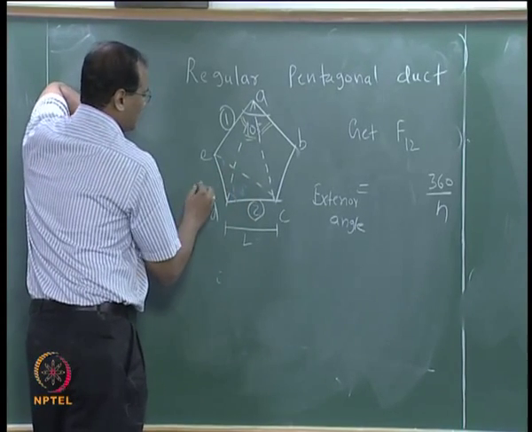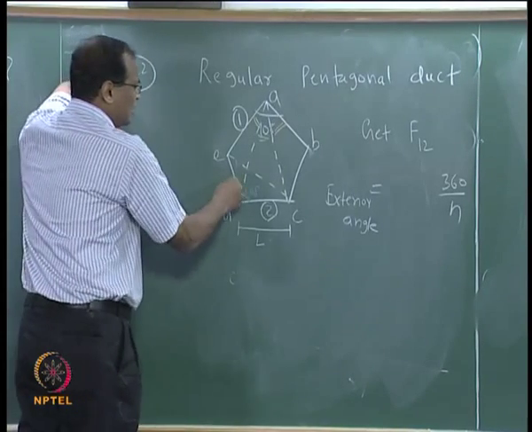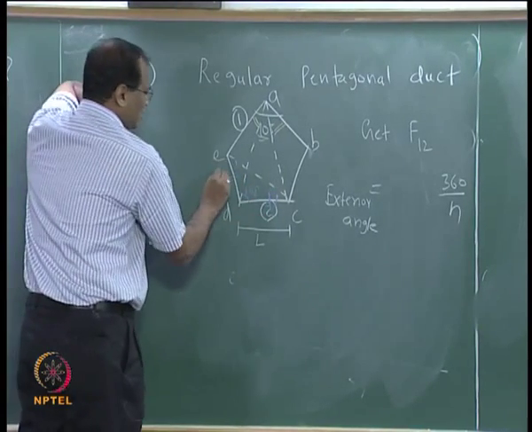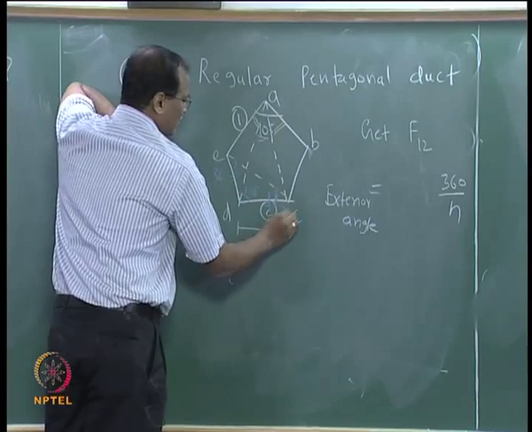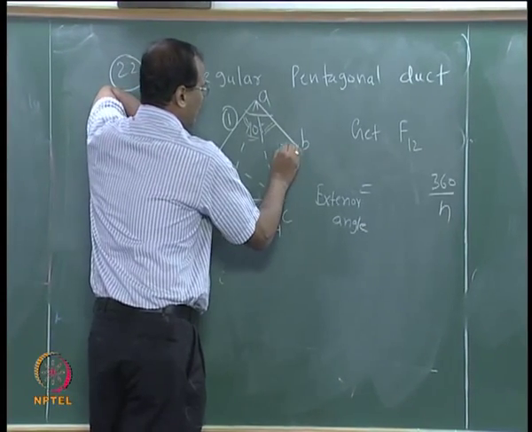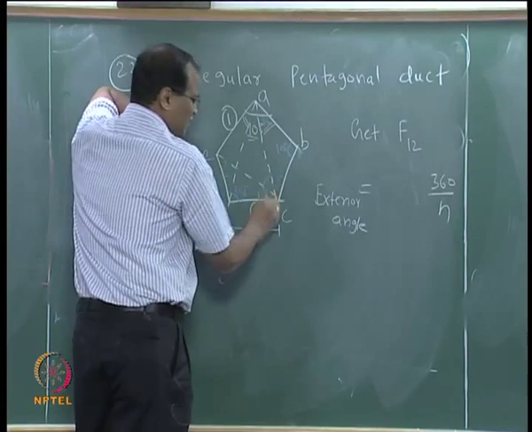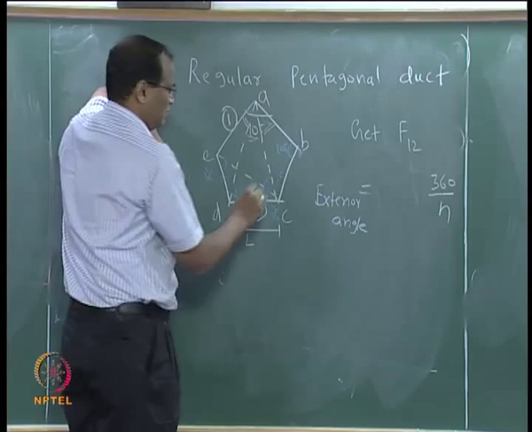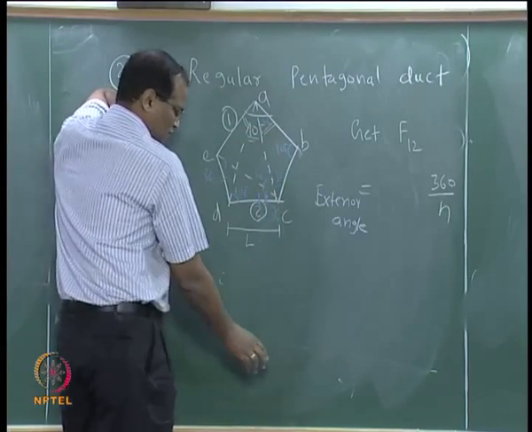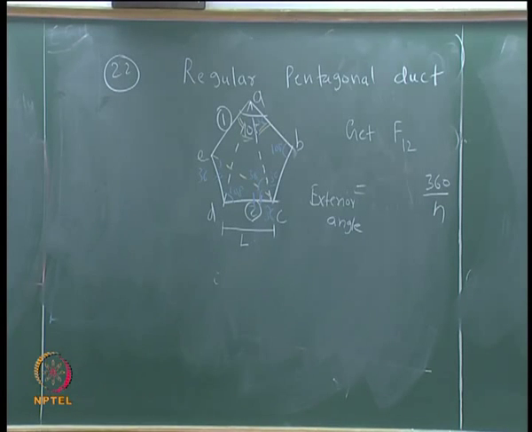What is this? Isosceles triangle, so 36. This is 36. Now this is 108. So this is 36. If this is 36, this is 36. This is also 36. Same story here. Okay. Ketan, you are not happy that all were 36, but unfortunately that is correct.